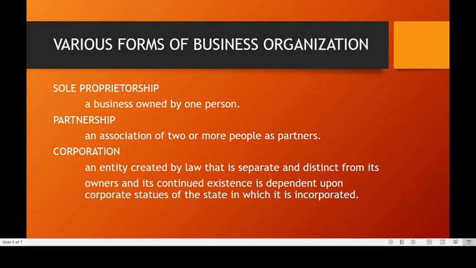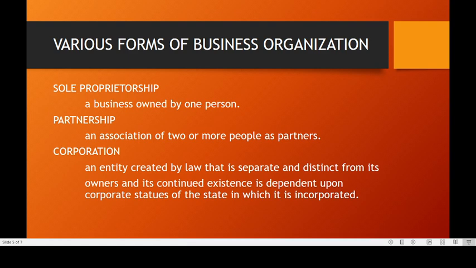Under corporation, the stockholders can decide, but his decision will be limited only to his shares. For example, if shareholder A wants to sell his shares, he does not need to get the consent of the other shareholders. That is an example where you do not need the consent of other shareholders to decide on your shares.